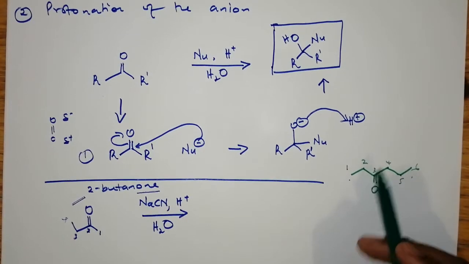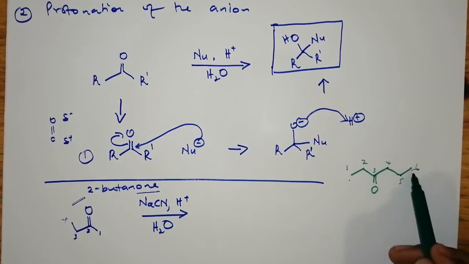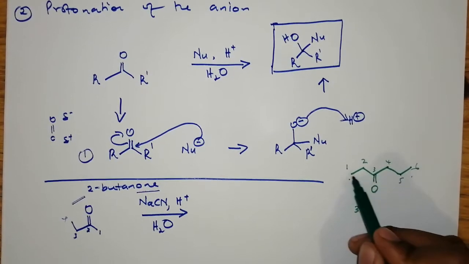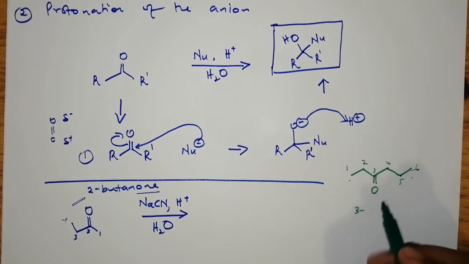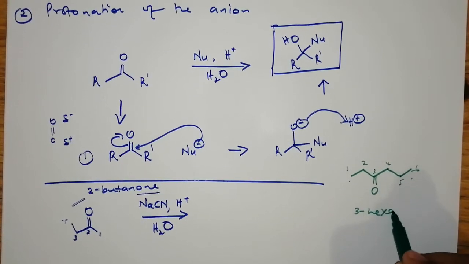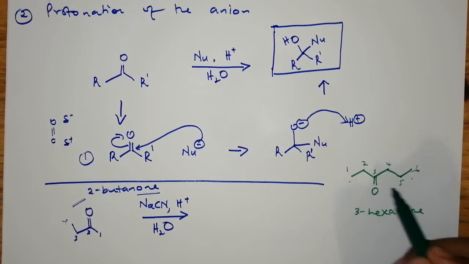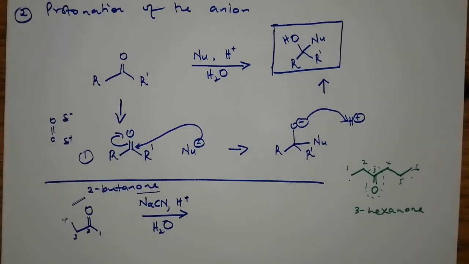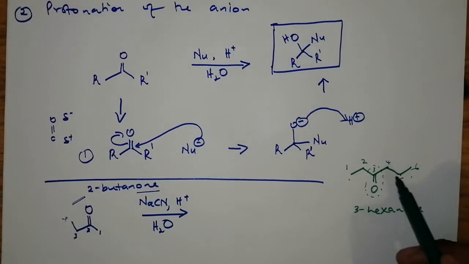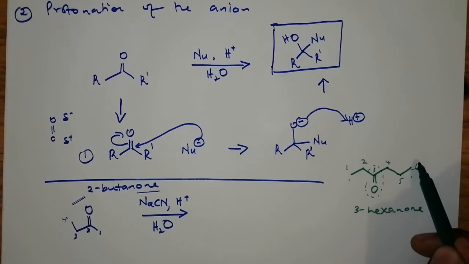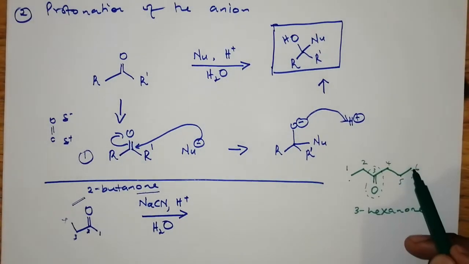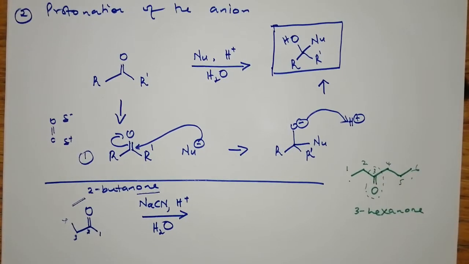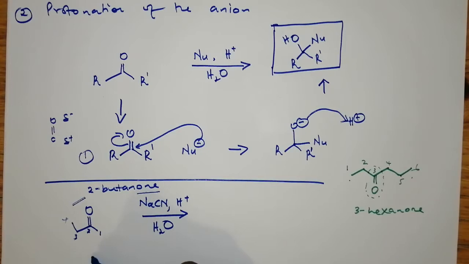So this is going to be 6 carbons. How we name this is 3, 1, 2, 3, 4, 5, 6, 3-hexanone. Just take note that this carbonyl is on the 3rd carbon. However, if maybe this was the carbon that was closest to the carbonyl, then this was going to be our 1st carbon. Okay, let's get back to our work here.